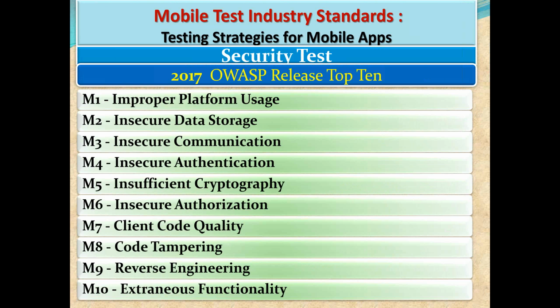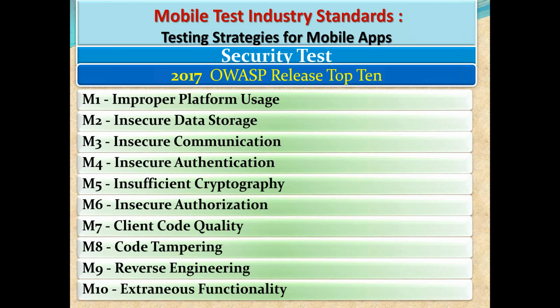Right now they are not using the M1 to M10 abbreviation. It's A1 to A10. Okay, so just make a note if you are using these slides.